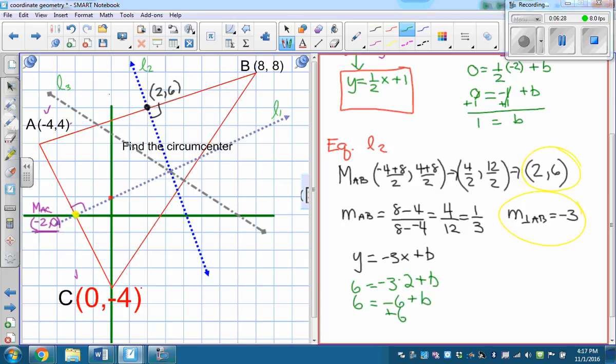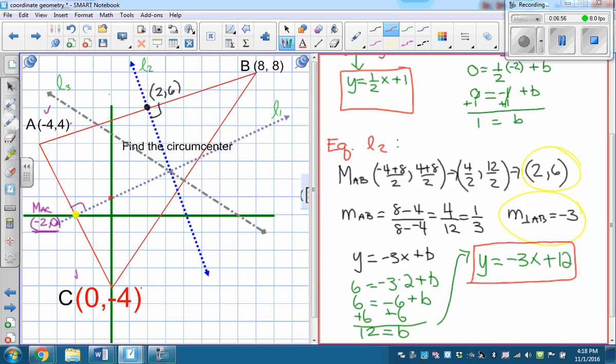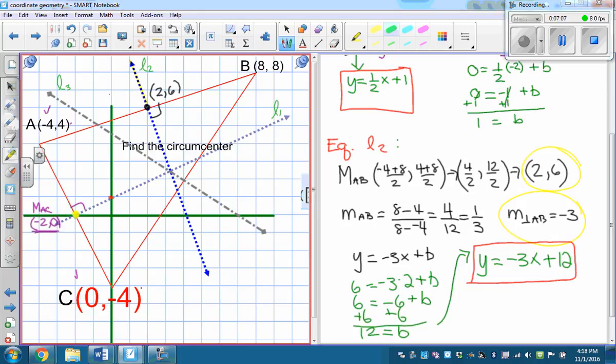So add 6 to both sides. b equals 12. So the equation for line 2, y equals negative 3x plus 12. And if this line 2 continued upward, it looks like it would cross around 12. And the slope does look to be about negative 3.